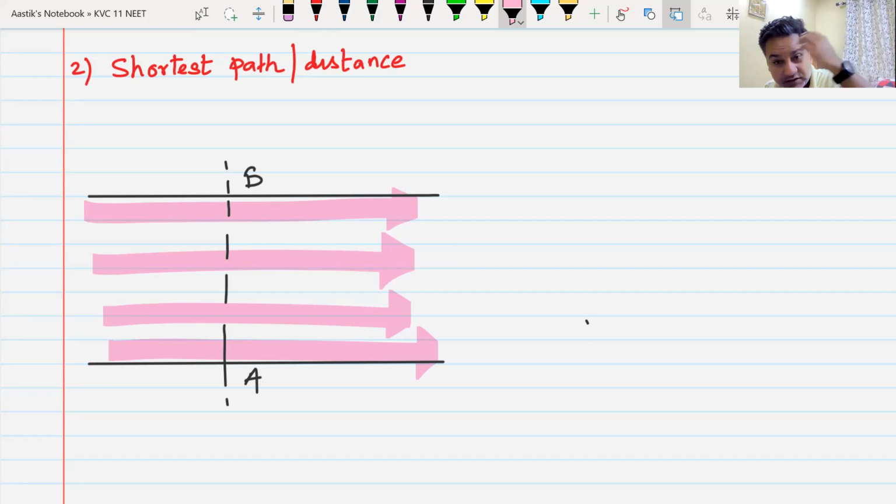Tell me. I have to go from A to B following the shortest path. Which is the path that is shortest?